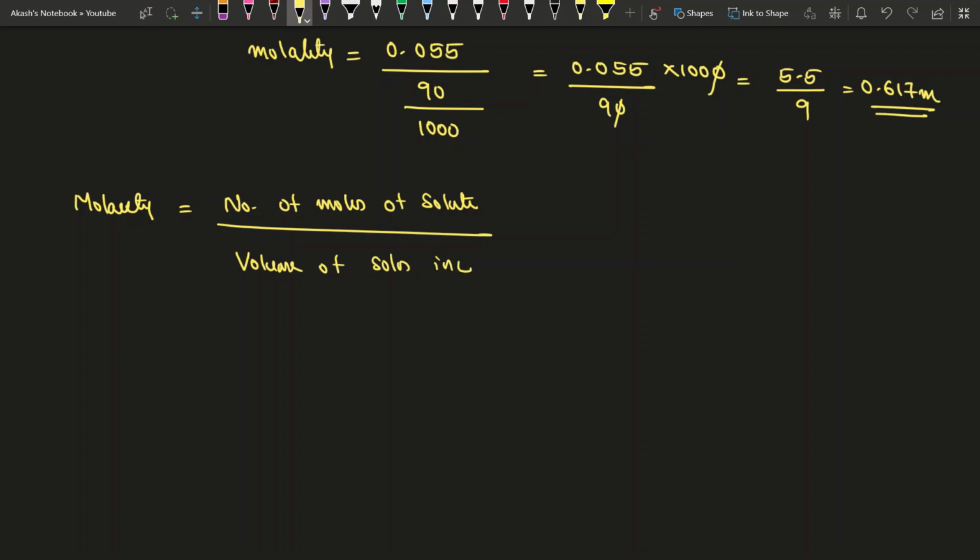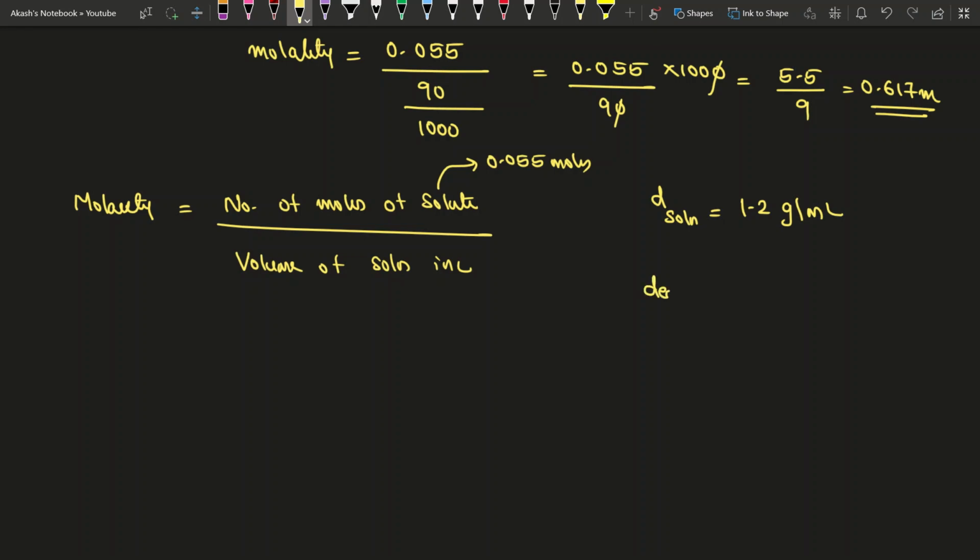We have the number of moles of solute. What is it? That is 0.055 moles of glucose. But we don't know the volume of the solution in liters. For that particular purpose only, they have given you the density. They have given that the density of the solution is 1.2 grams per milliliter.